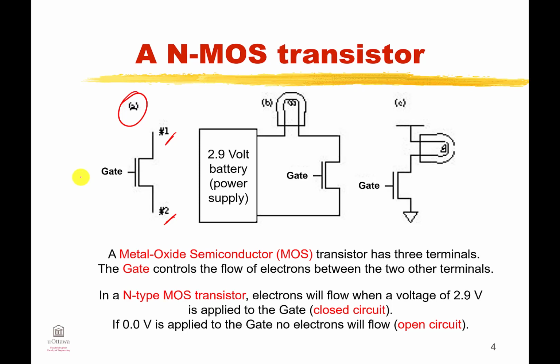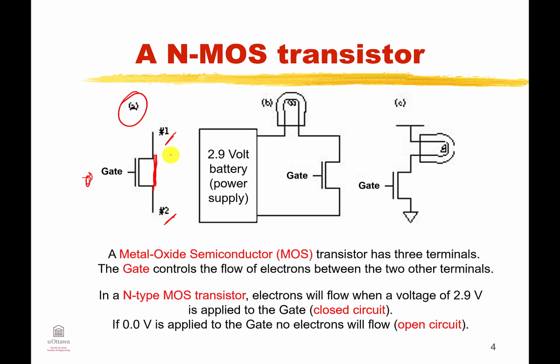If we apply a positive voltage on the gate, this circuit will be closed. If we apply a negative voltage on the gate, the circuit will be open, so the switch will not be conducting or working. So if we apply 2.9 or above, this circuit will be closed, and basically we will have a short circuit between 1 and 2. Okay, guys?